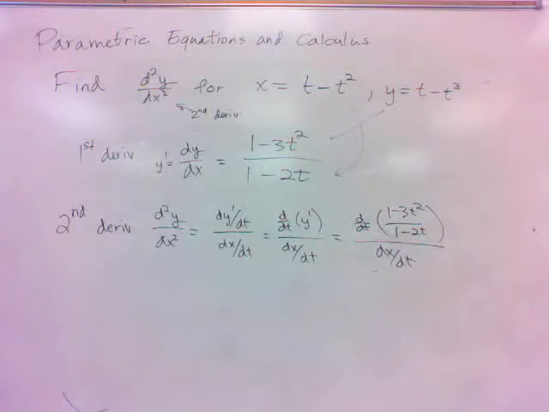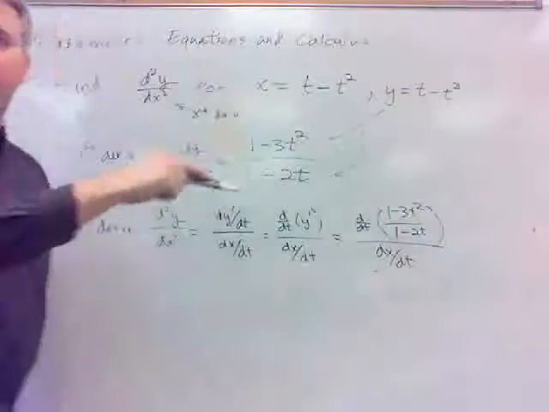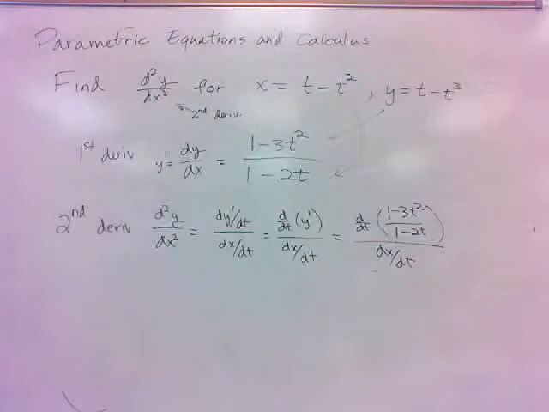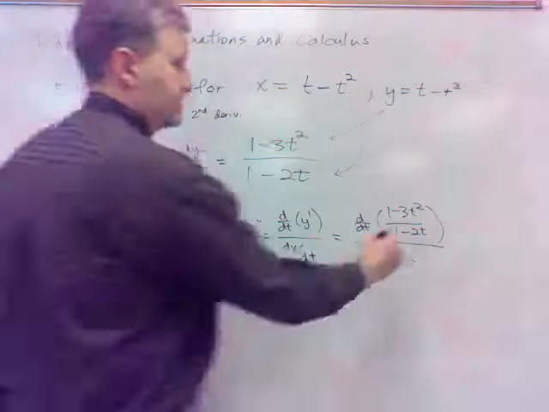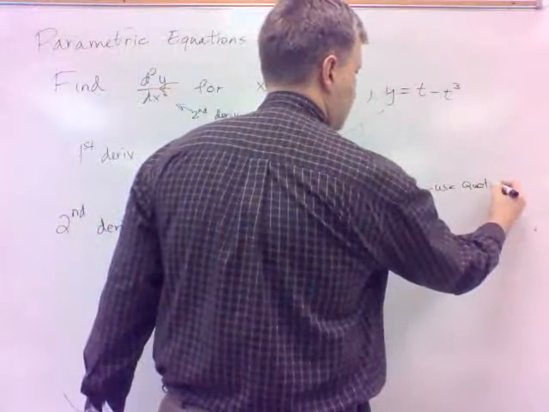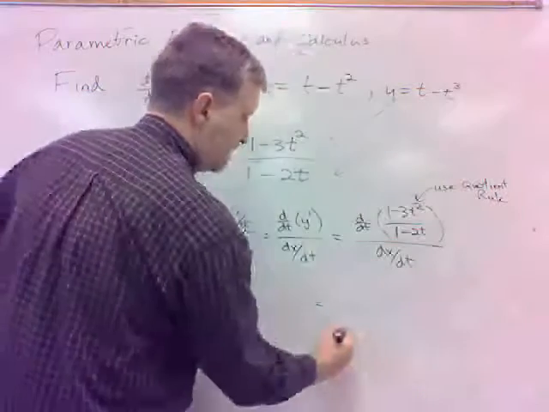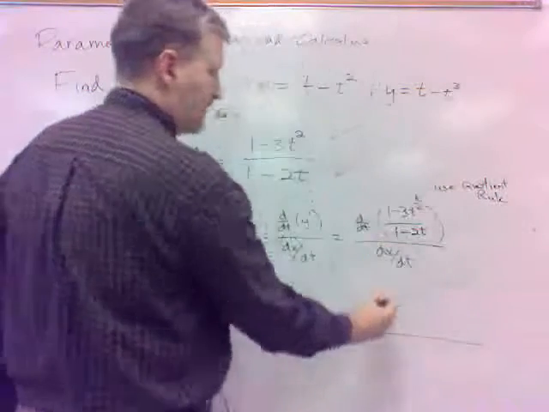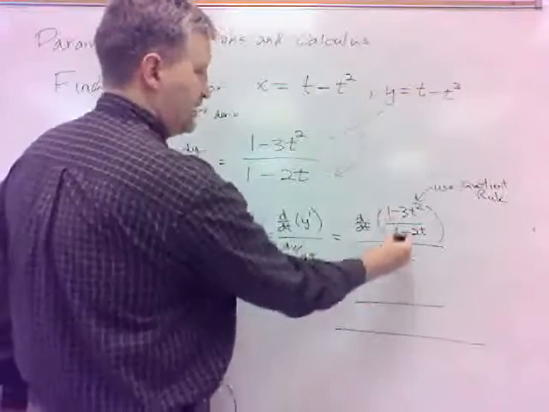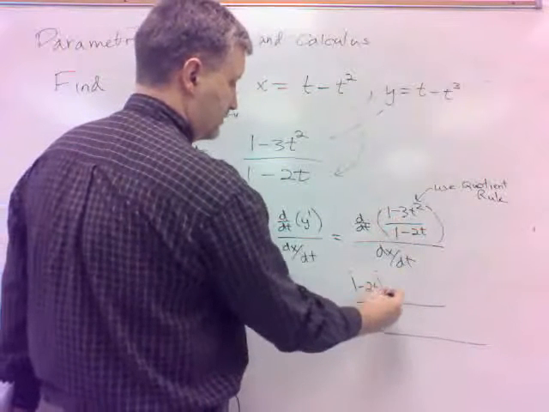So how do I do that? Well, to do the derivative of this, I'm doing the derivative of that. How am I going to do the derivative of that thing I've got in parentheses? Quotient rule. It's a quotient rule, isn't it? So this top line, by quotient rule, is going to be low d high.